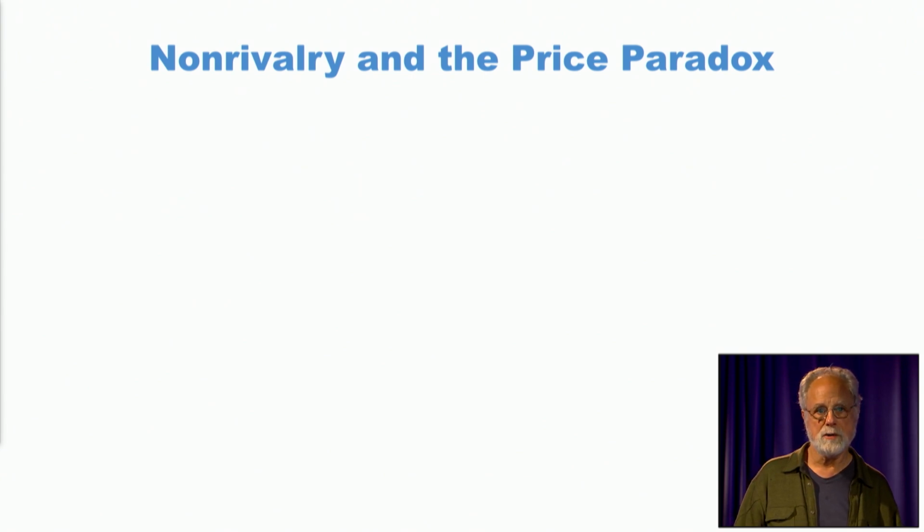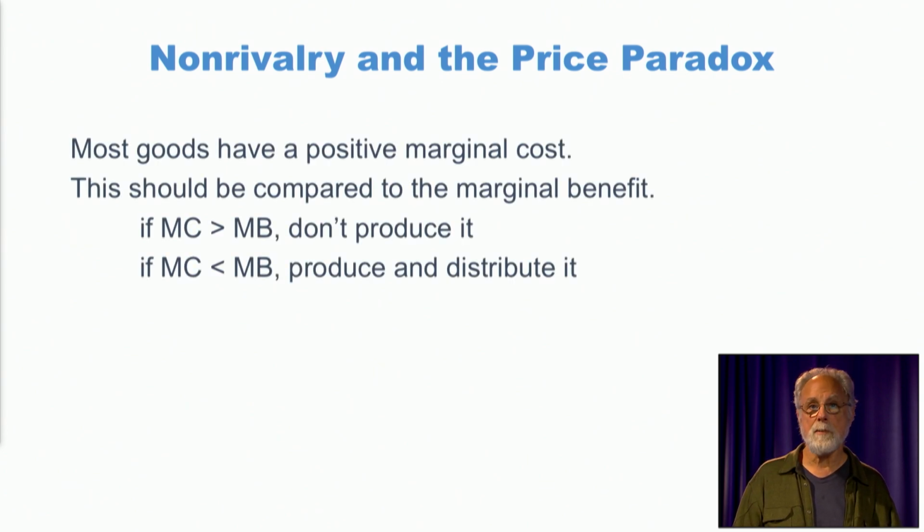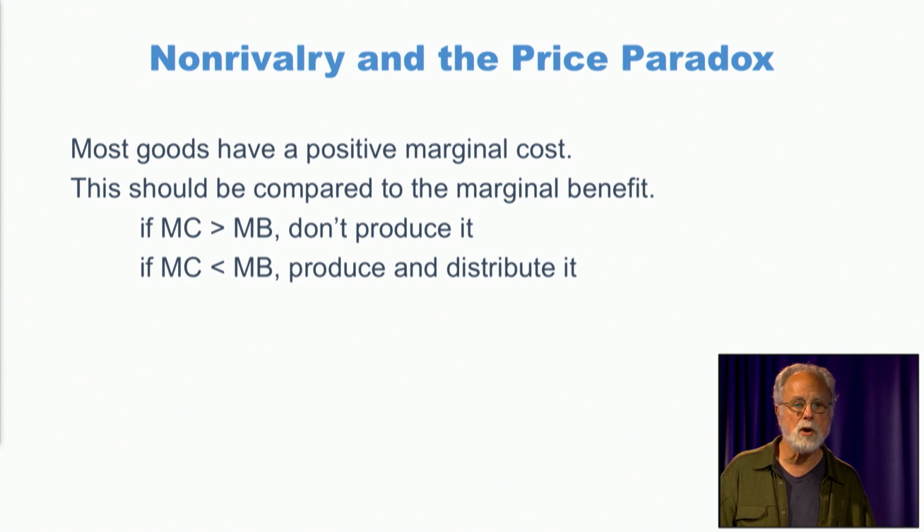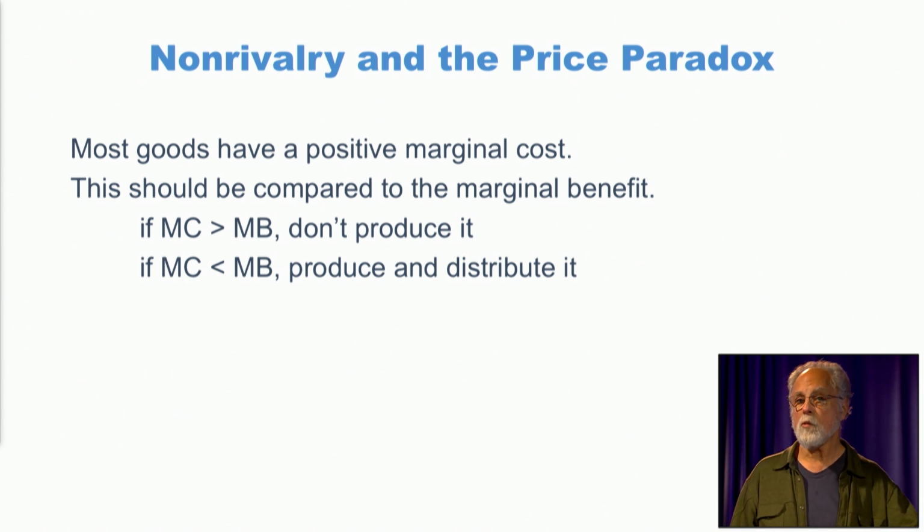Non-rivalry in slightly more understandable terms means zero marginal cost. Now, most goods have a positive marginal cost. That means that if you're providing that good for one more person, you're going to have to pay a cost to produce it and get it to that person. So there's a cost involved, and people can be charged for the cost.